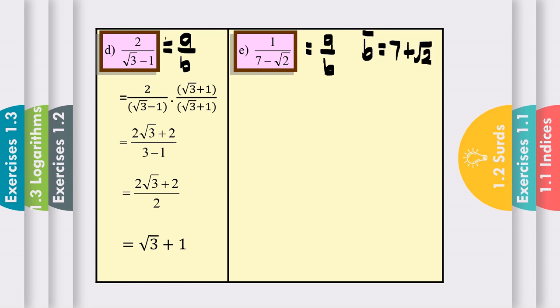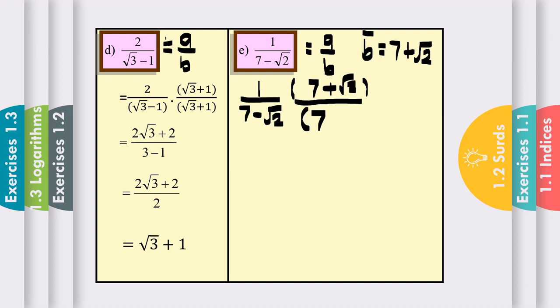So start with multiplying with the conjugate. 1 over 7 minus square root 2, with a big bracket here, times the conjugate, 7 plus square root 2 over 7 plus square root 2, all together with the brackets.